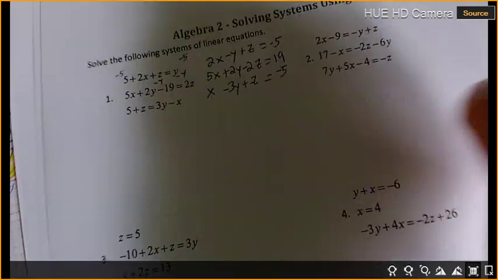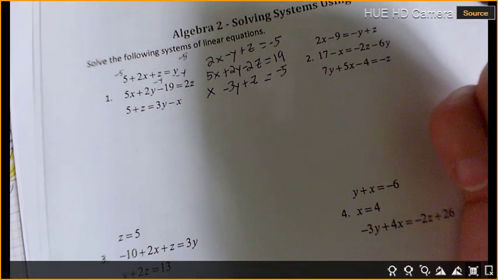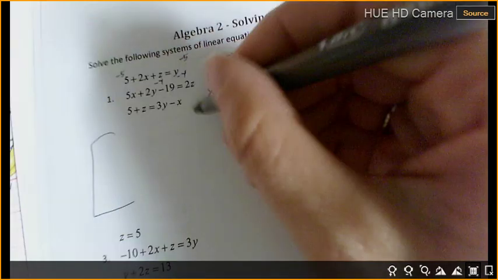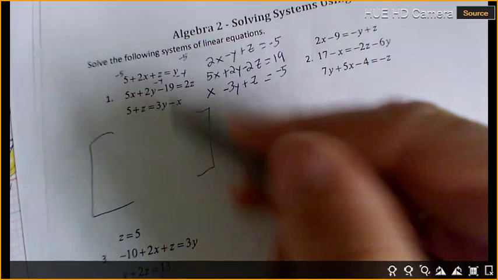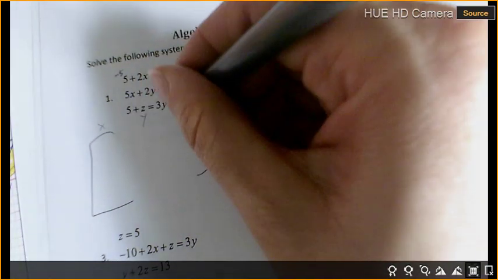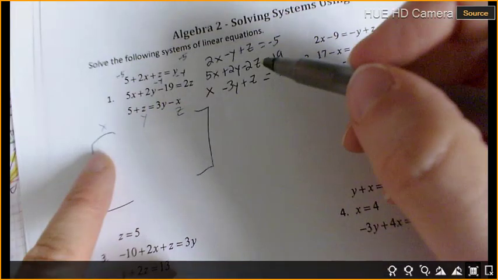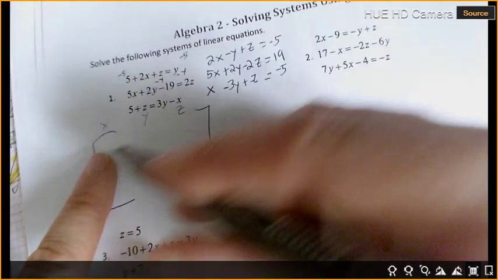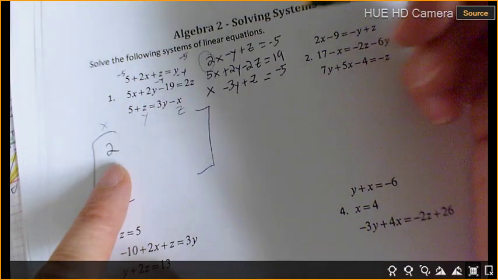Now I'm going to set up my matrices to be able to solve it. Okay? There's going to be 3 columns and 3 rows. This first column is going to have all the x's. The second column is going to have all the y's. The third column is going to have all the z's. So my first row is going to be 2 from this 2 right here.